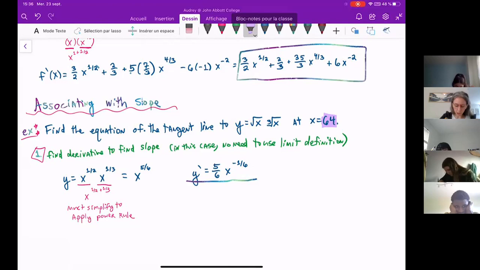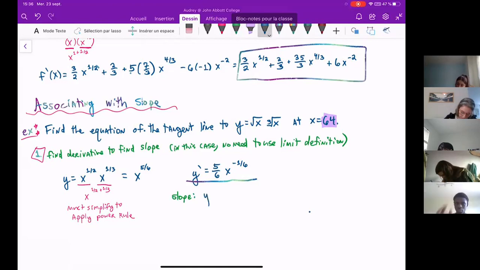So then we actually need to use that derivative to find the slope. And how do I use the derivative to find the slope? How am I going to find the slope? We're going to plug in 64, exactly.